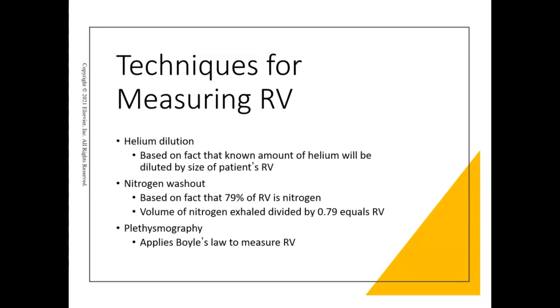I think ATS standards say that your RV to TLC ratio, the ratio between your RV and your TLC, should make up no more than 40% of your total lung capacity. So if your RV is making up more than 40% of your total lung capacity, that indicates that you have an obstructive lung disorder.